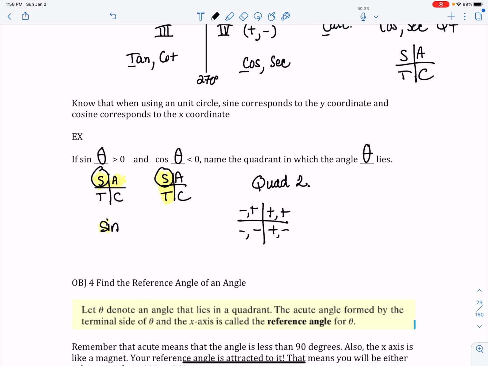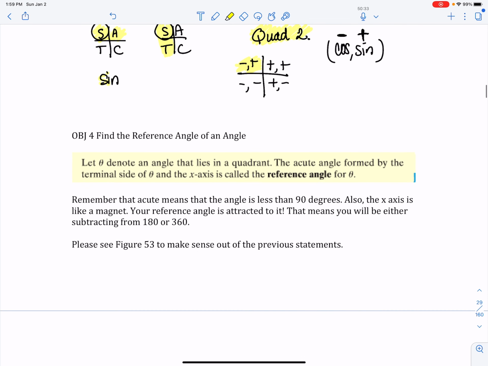If you use this method, remember you have cosine, sine. So you're looking for where cosine is negative and sine is positive. You find the quadrant that has that matching up, and once again it's quadrant 2. So you have 2 different methods you can choose. It's up to you.